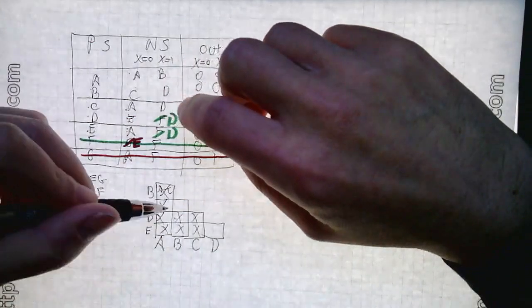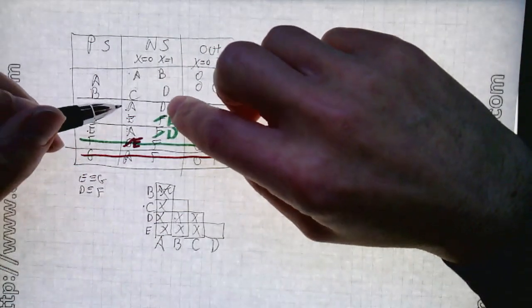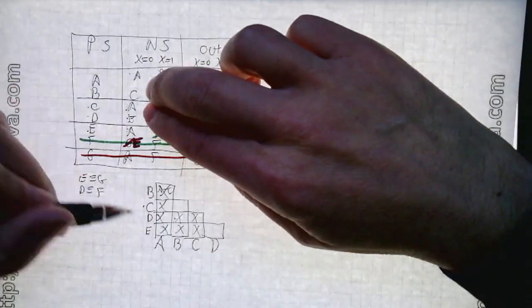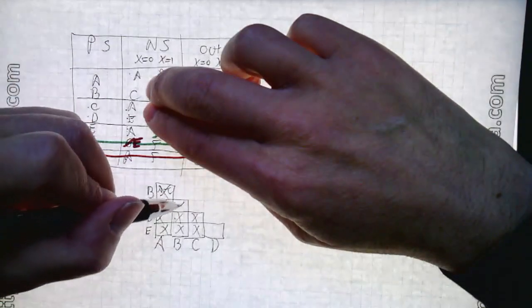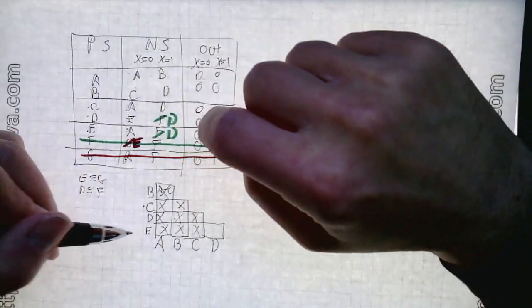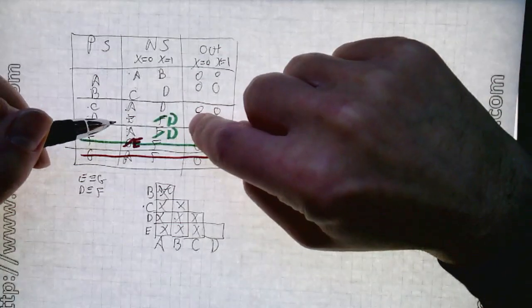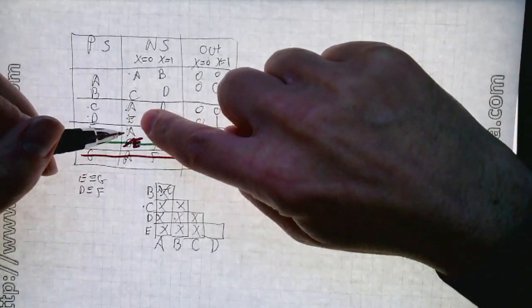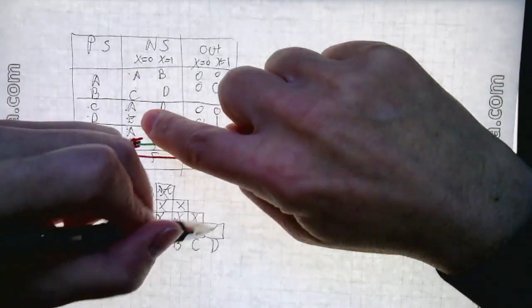So now we compare B and C. B is equivalent to C if A is equivalent to C, but we see it's not. And what about D and E? Well, D is equivalent to E if E is equivalent to A, but we see it's not. And so there are no further reductions available.